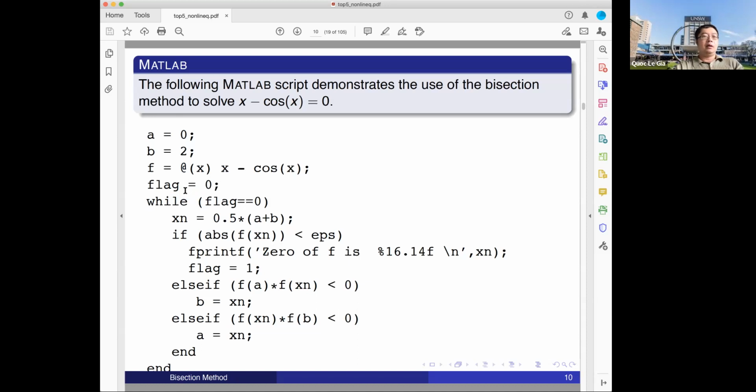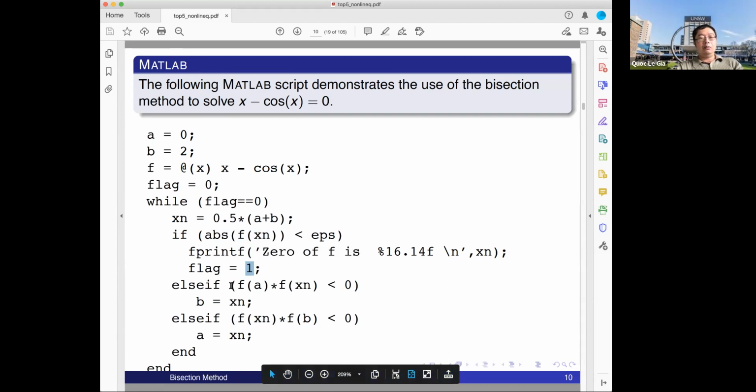In this case, I just set a flag that will be raised if I found the zero. So if the absolute value of f(x_n) is less than epsilon, where epsilon here is just machine epsilon, then I raise the flag, and if I raise the flag, it will stop doing the iteration.